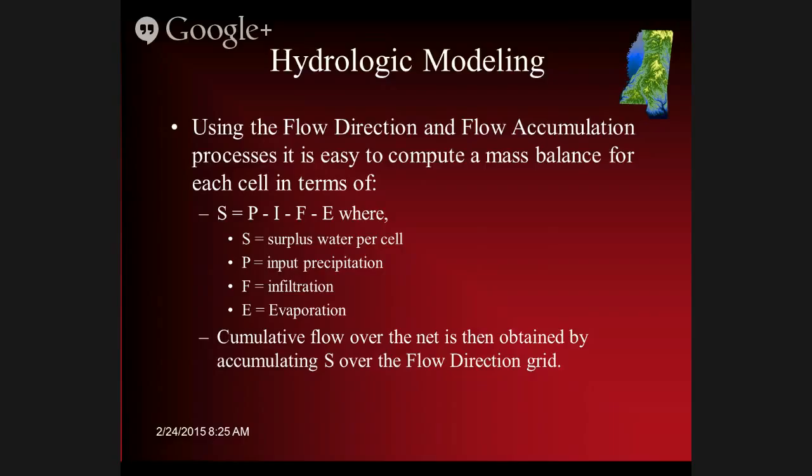Okay. And then what we can do at that point is to run the flow direction, flow accumulation data sets, and we get a value that represents the amount of water that is traveling out of every cell, right? So we get a number that represents how much water is traveling out of every cell.